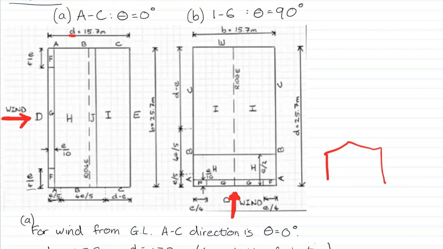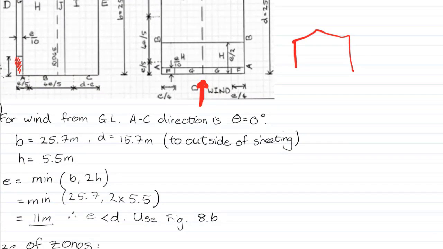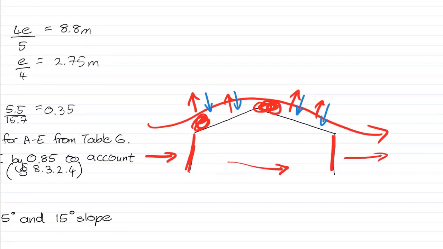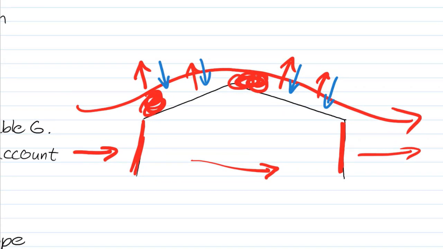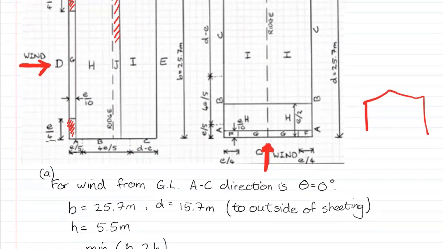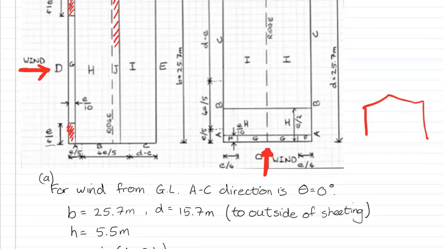And then just to remind you of where you have these edge zones here, especially corners where the roof strikes, and then just over the apex of the roof, there you'll see, for instance, zone J, the CPE is much higher than zone I, or zone G and F are much higher than H, and once again that is to do with these vortices at the corners where you have much higher suction pressures being created because of the turbulence. So we account for those locally by having these thinner zones of high pressure.